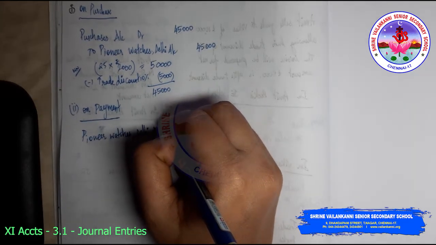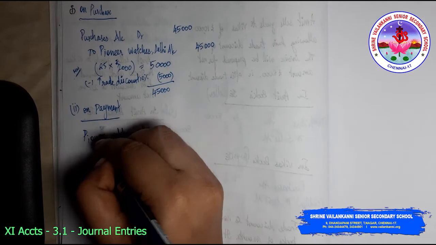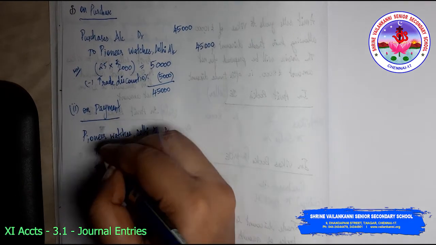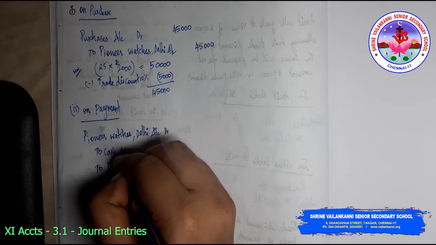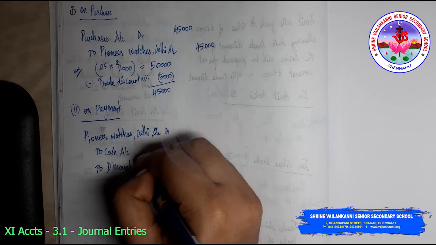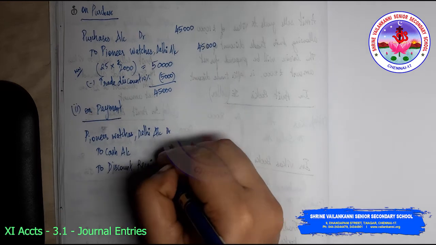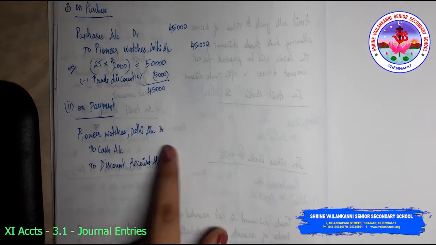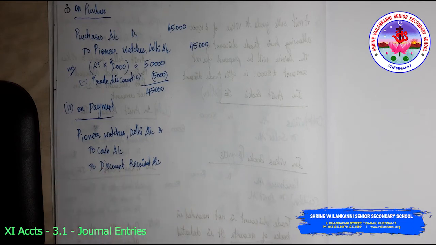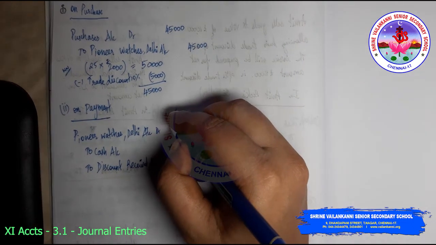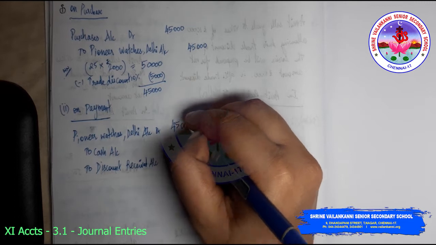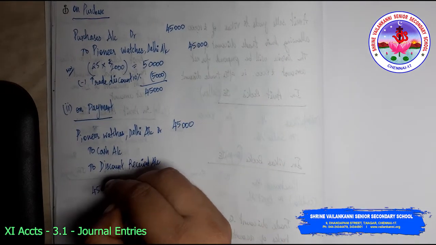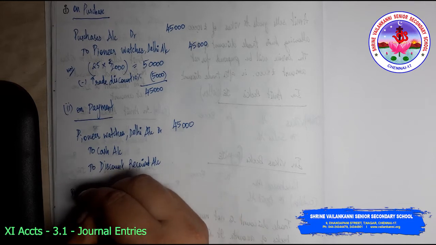Pioneer Watches, Delhi account debit to cash account to discount received account. So you have 45,000 here. To cash account, how much you are paying? 45,000 is to be paid, no doubt.